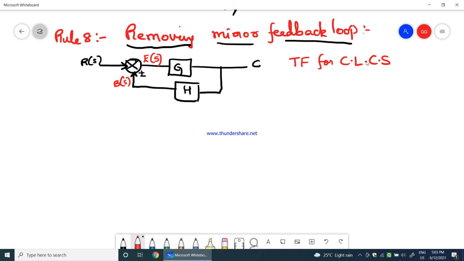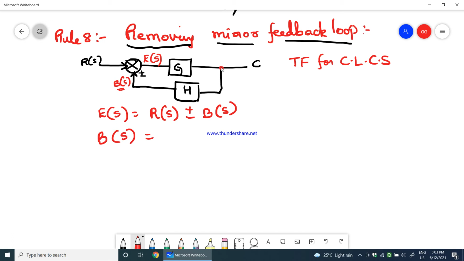So let me say what is E of S at this point. E of S is R of S plus or minus B of S. Here R of S plus or minus B of S, so that is E of S. Now what exactly is B of S?